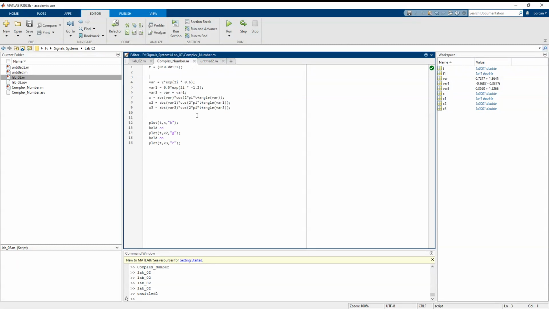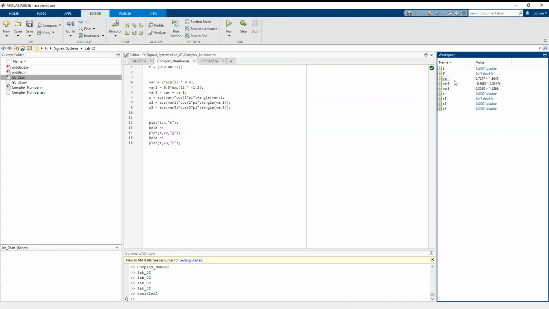We can also express signals in complex numbers. This is done because the complex number stores the magnitude and the phase of a signal. So if we look to the right, we can see we have a variable, which is 0.7247 plus 1.864i.